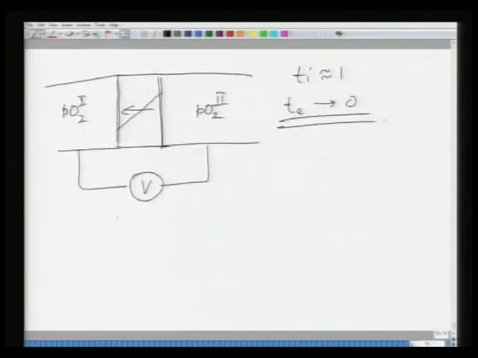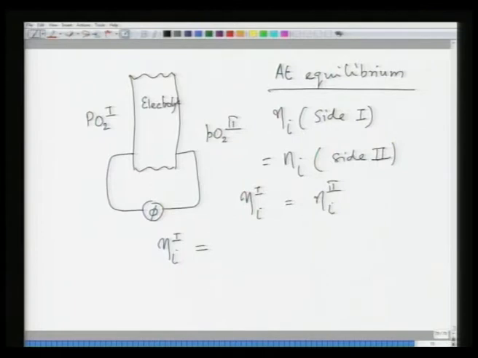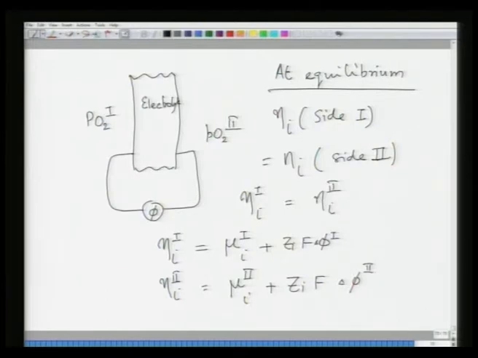If you go to the previous slide, it is nothing but the sum of these two terms, mu I and Zi F phi. So, eta I 1 becomes mu I 1 plus Zi F phi 1. Similarly, eta I 2 becomes mu I 2 plus Zi F phi 2. So, the equilibrium condition is eta I 1 is equal to eta I 2.